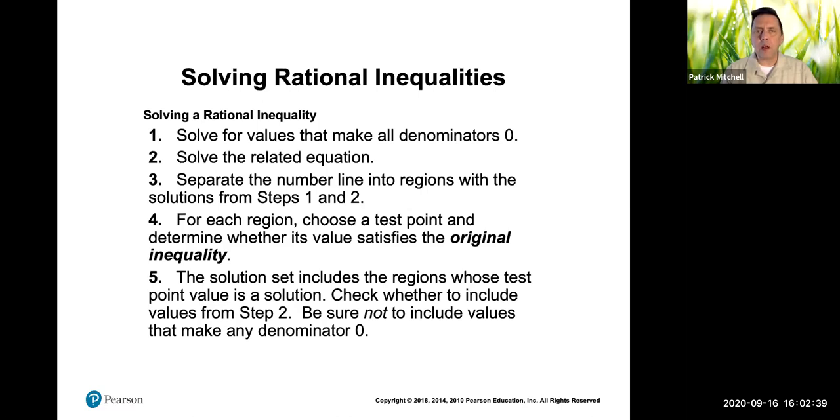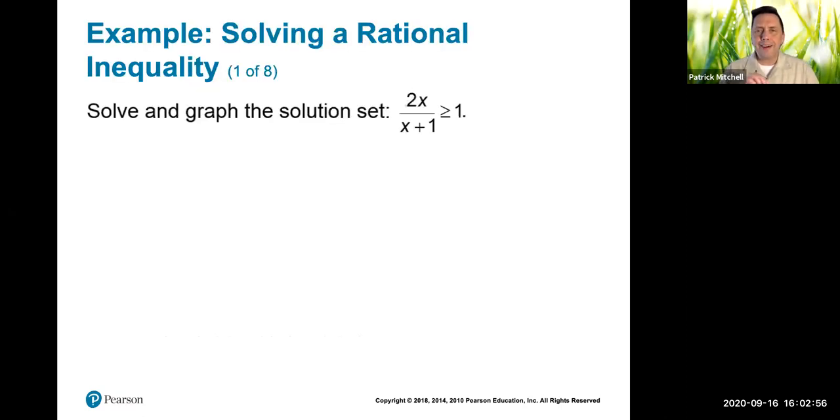But if your inequality symbol is less than or equal, greater than or equal, then they are included. However, the values you found in step 1, the ones that made a denominator 0, those ones are never ever included.